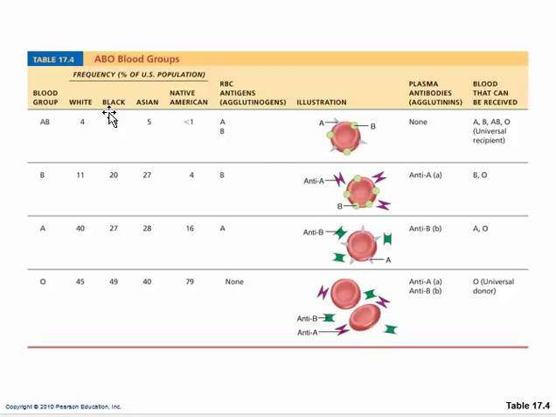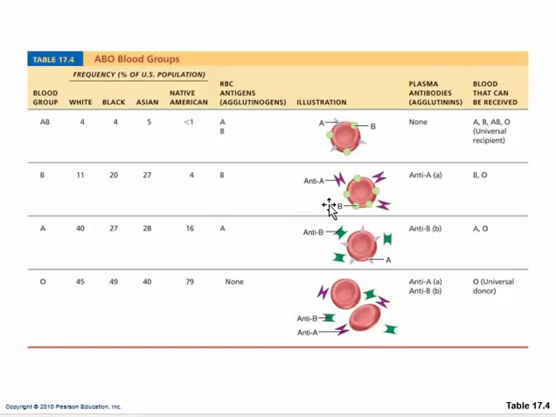The people that have both A's and B's don't make any antibodies. And then this is type O, which is really a zero, which means they don't have either type A or type B, so they make both anti-A and anti-B. So type AB blood has both antigens, no antibodies.